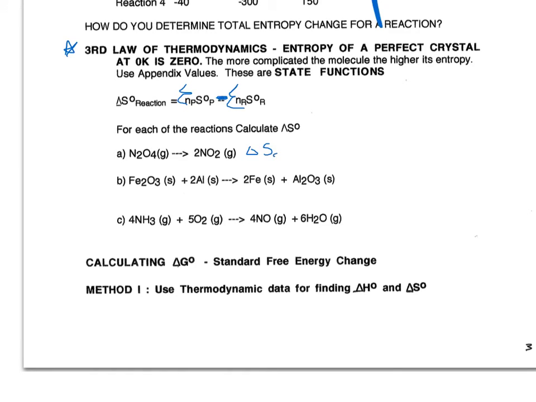Let's look up the values for this particular reaction, and we generally call reactions the system. So delta S of this system is equal to, we'll put the brackets in, you have 2 moles of NO2, so 2 moles, and if you look at your chart, the entropy of NO2 should be 240.1. The units, joules, there's your energy units, per mole Kelvin.